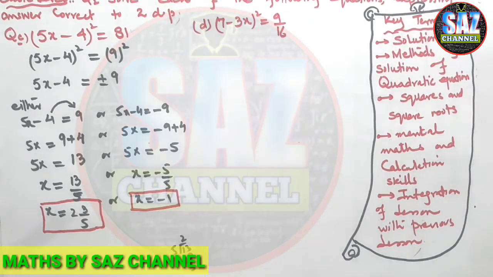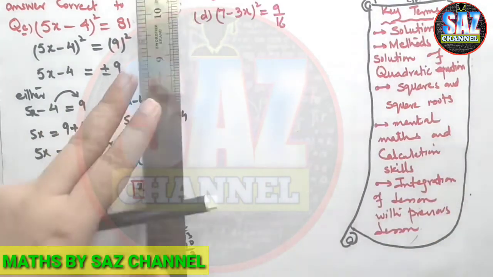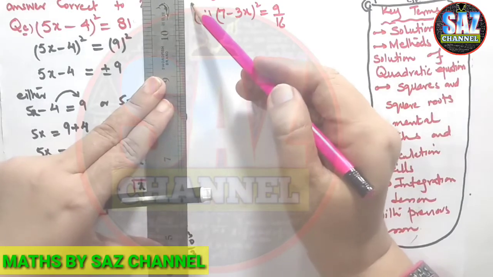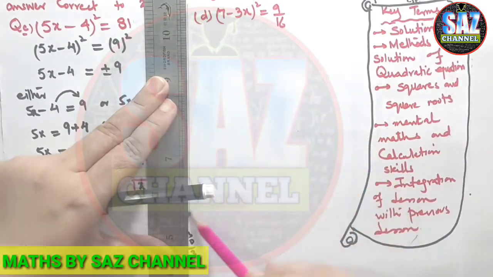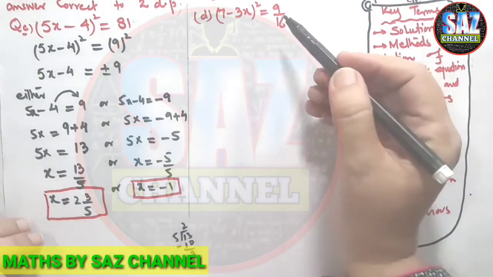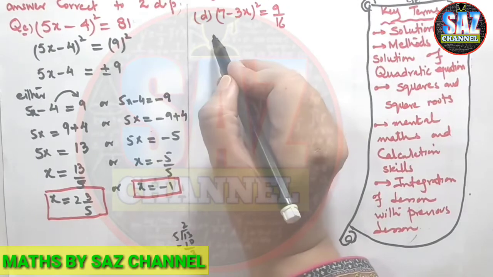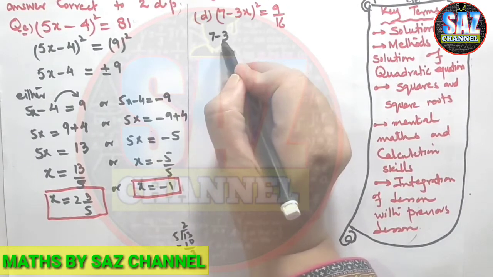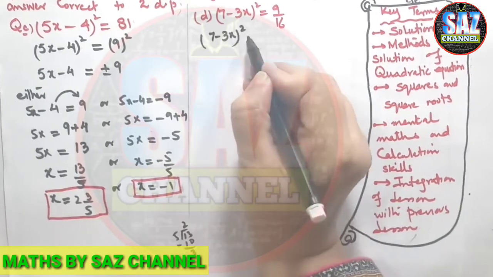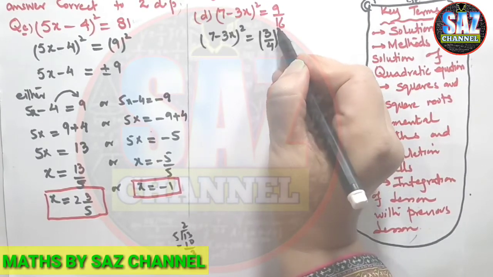The next part says (7 - 3x)² = 9/16. Again, 9 and 16 both are perfect squares. So what I will be doing, (7 - 3x)² = (3/4)².